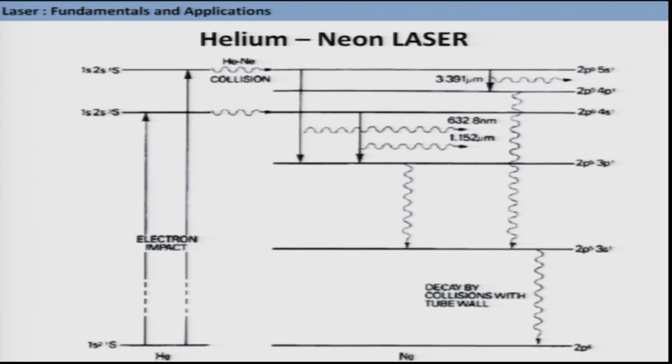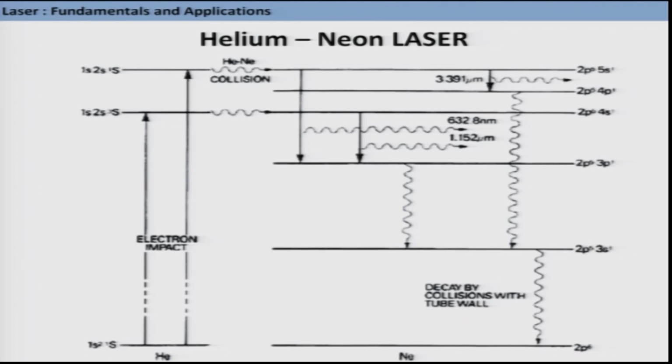Now, the initial excitation is achieved using electron discharge through electron impact, and the populated excited helium atom transfers the energy to the neon atom. So in that way, essentially, one is creating a population transfer as well.